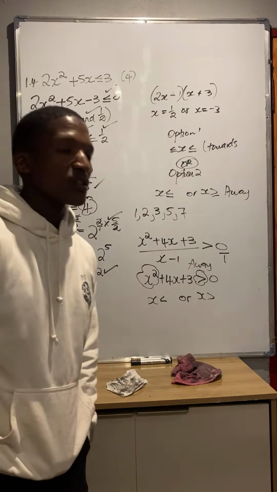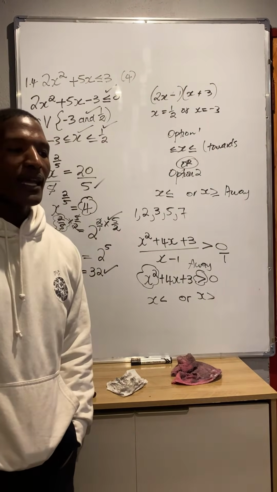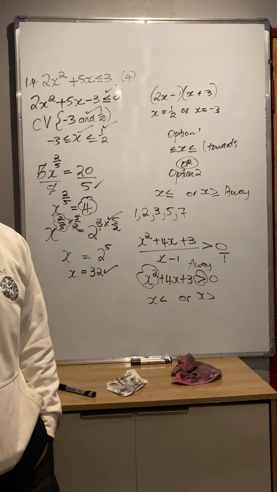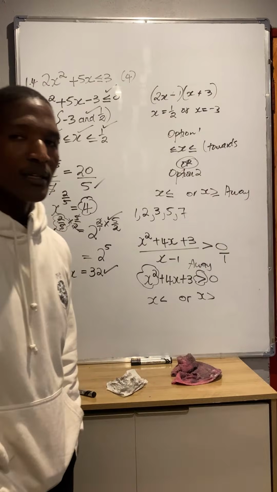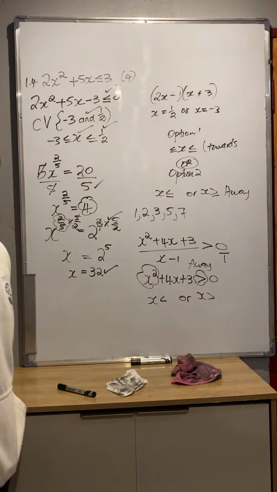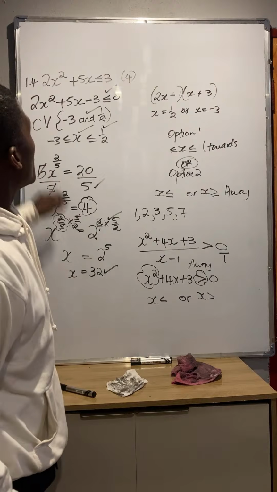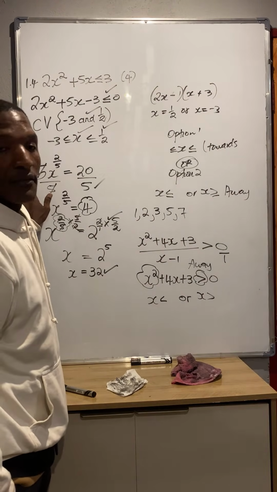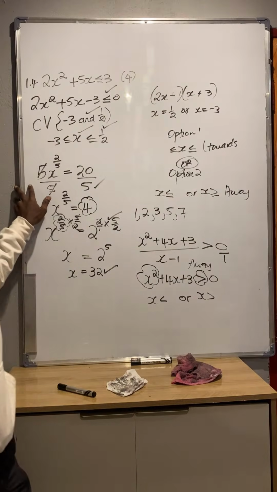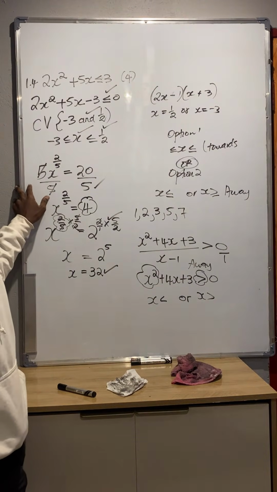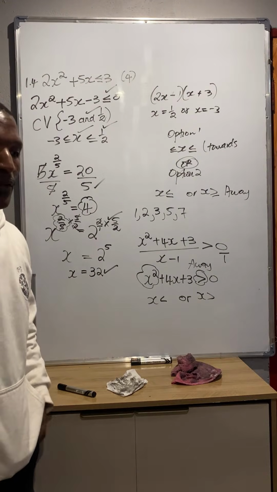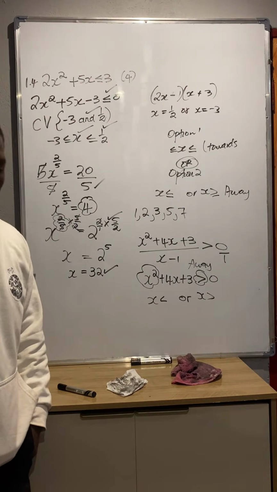Family, any question in question 1? Is there another problem that gave you a challenge in question 1? We did 1.1.4, we did 1.1.5. And is there anything that gave you another challenge in the paper?